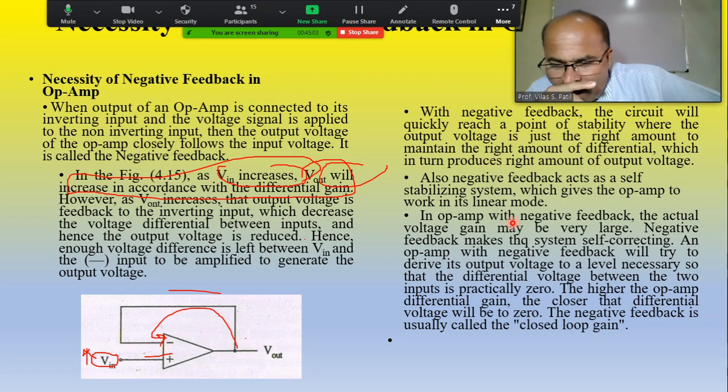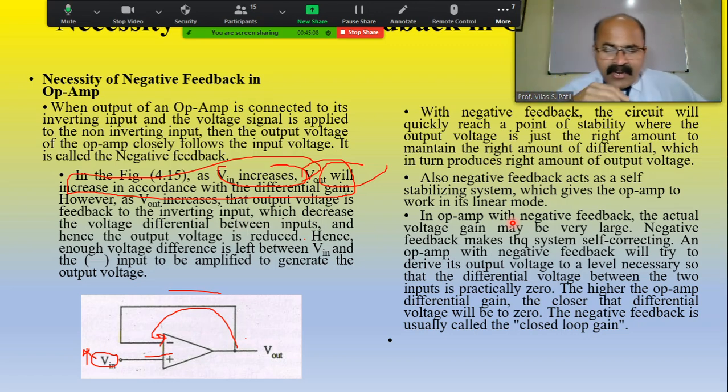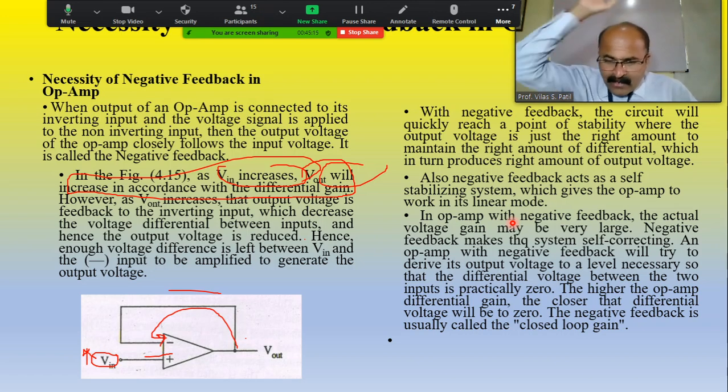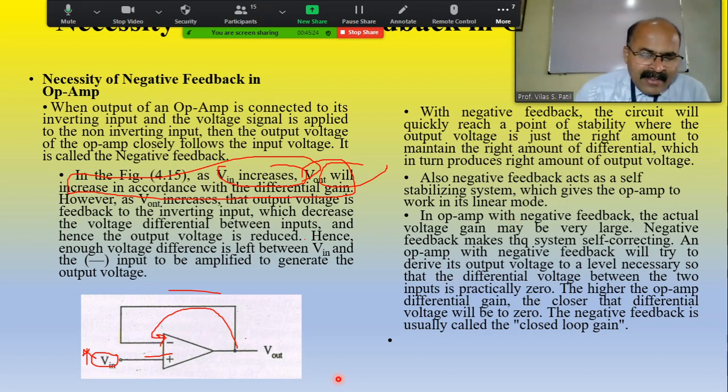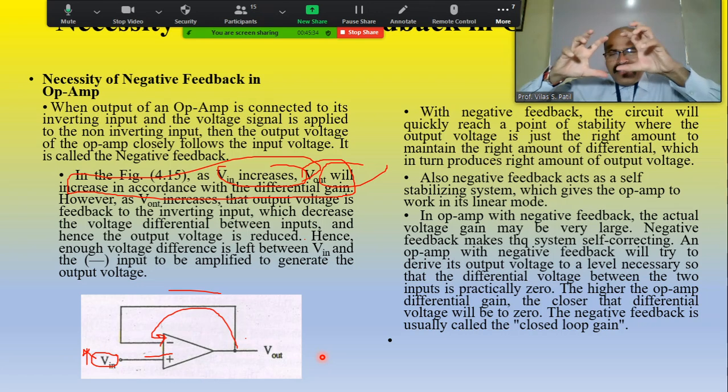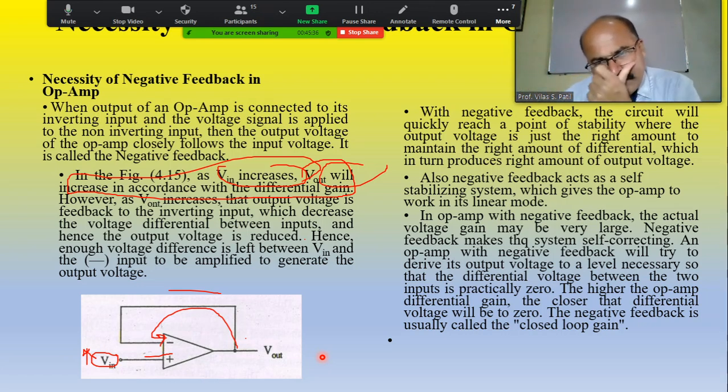The higher the op-amp differential gain, the closer the differential voltage will be to zero, and negative feedback is usually called closed loop gain. A loop is where the starting and ending point are the same.